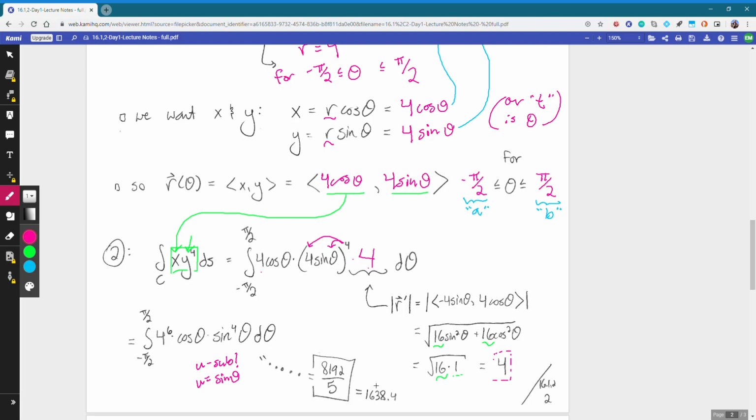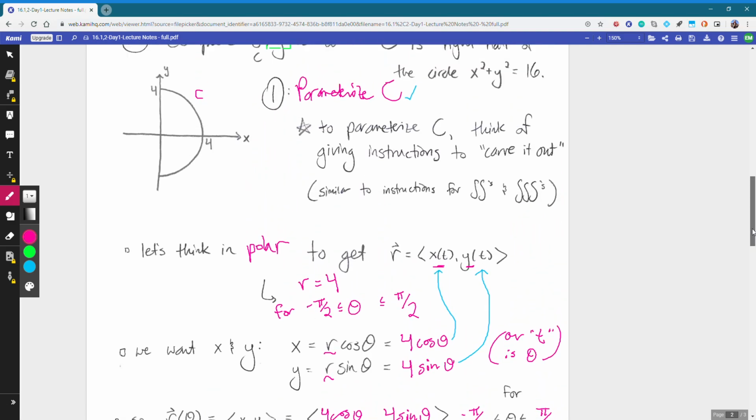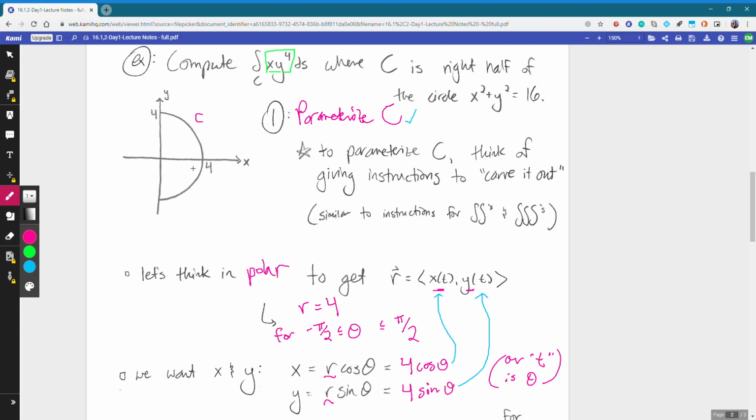I wanted to show us one other perspective on this example. Up here, thinking about parameterizing our curve, polar is certainly the most natural way to do this, right? It's half of a circle. So polar is certainly the way to do it.